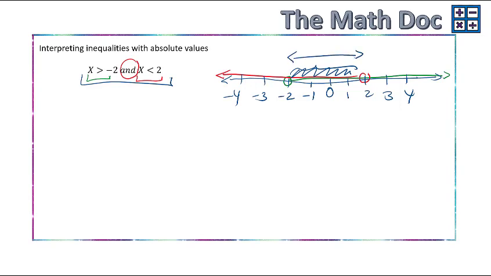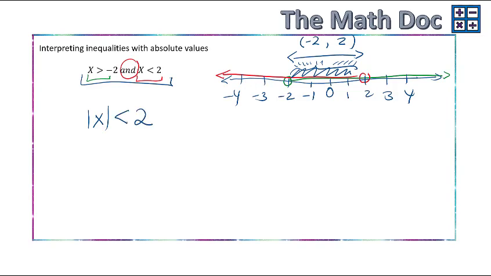So it's this area. Now this area here, this interval between -2 and 2, is the interval of all the x's that are smaller than 2 and larger than -2. But their size, that we measure with the absolute value, their size is less than 2.